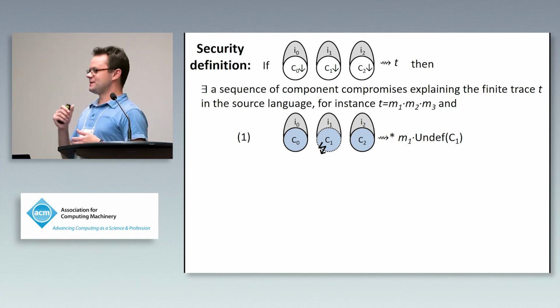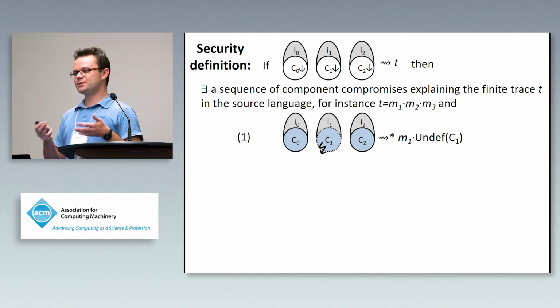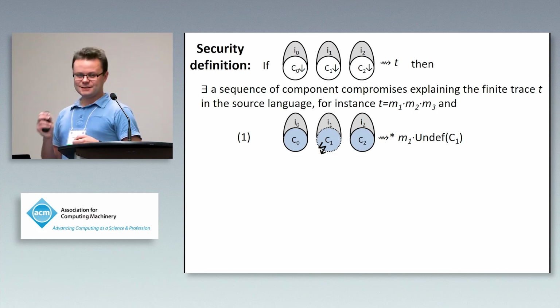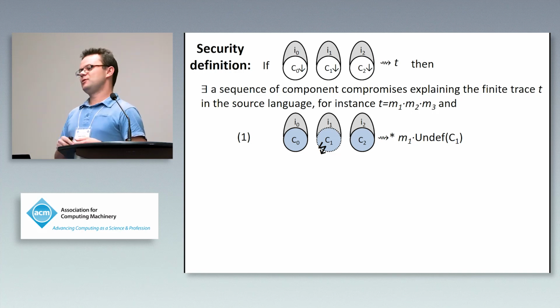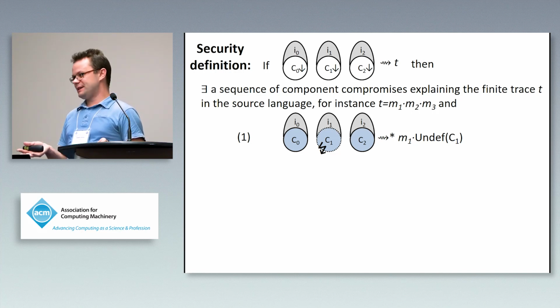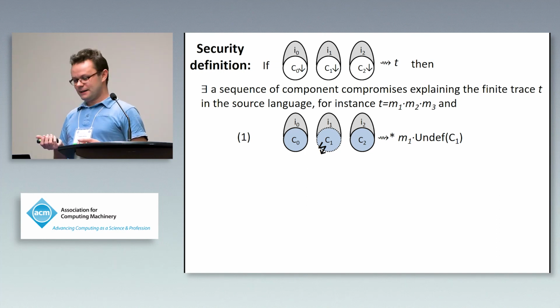And this is a potential first step in such a sequence, which says that if you execute C0, C1, and C2 linked together in the source, then you obtain a prefix of T called M1, followed by an undefined behavior. So you can explain a prefix of T in the source language, after which an undefined behavior happens in component C1, and afterwards you can no longer explain anything in the source language.